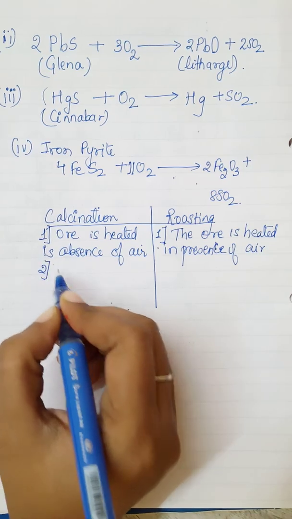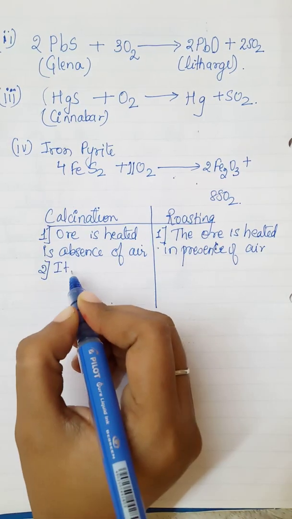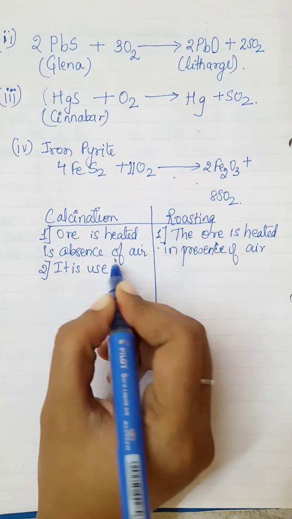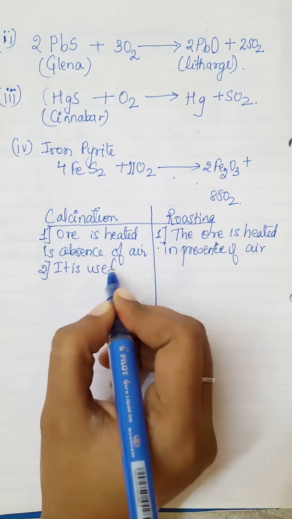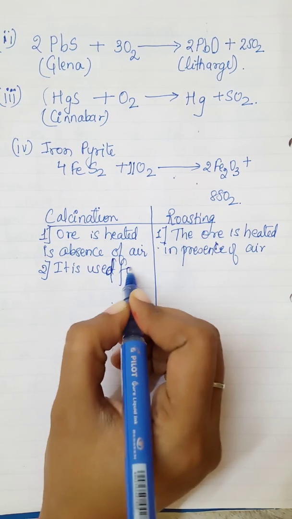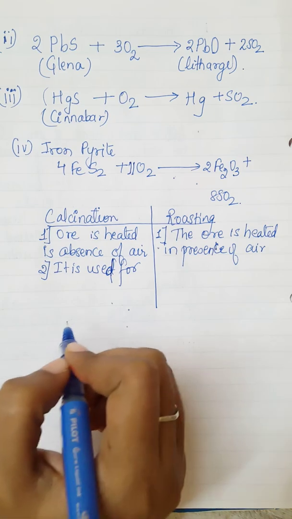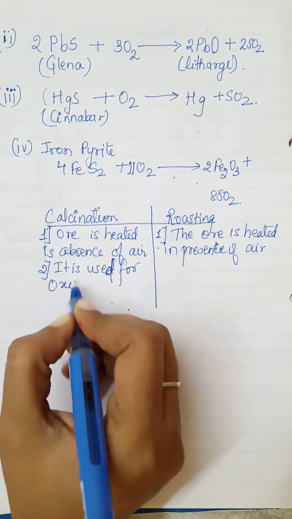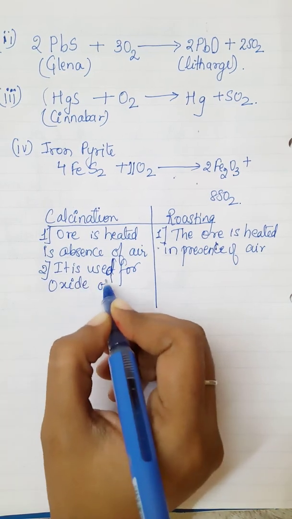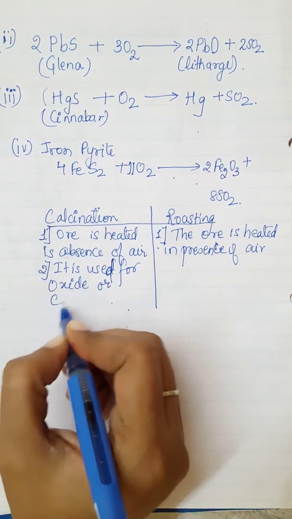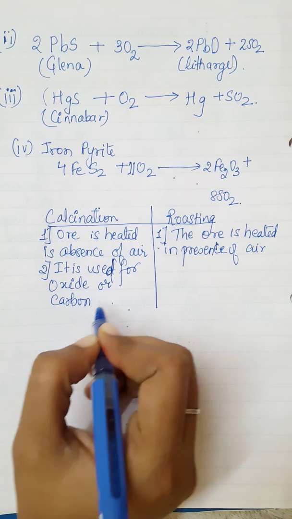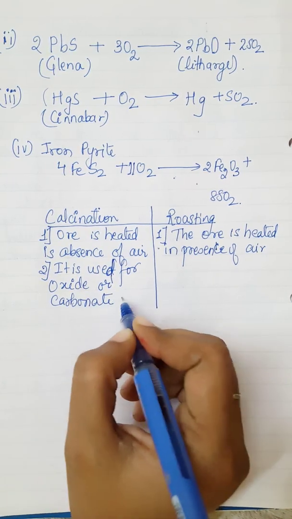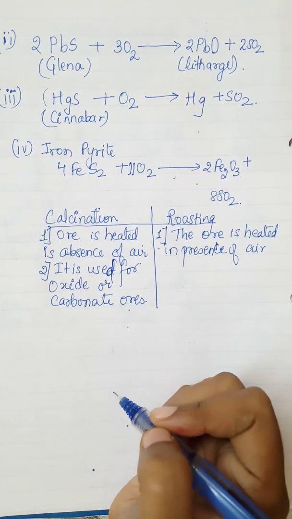So calcination is used specifically for the oxide or the carbonate ores. Okay?